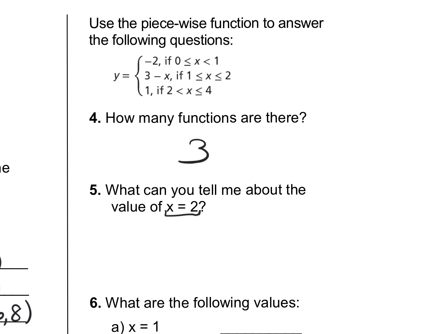Well, first we have to figure out what interval it's in, right? Is it in the first one? No. Second one? Yep, so I'm going to write second function. Is it in the third? Yes, it's considered in the third. So I'm talking about the second and third function.